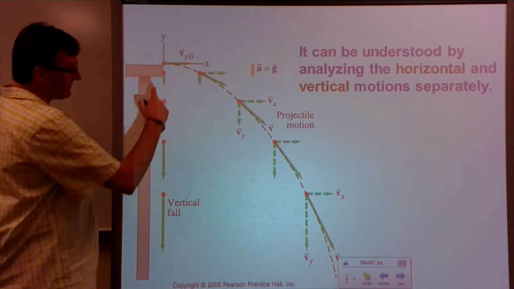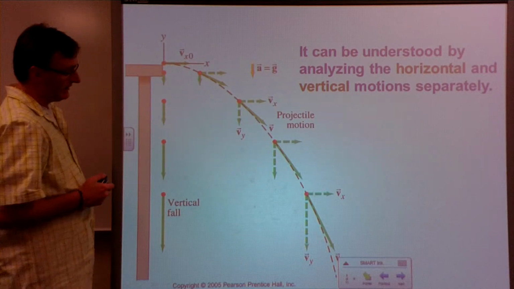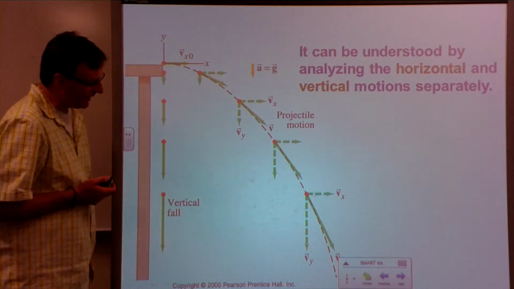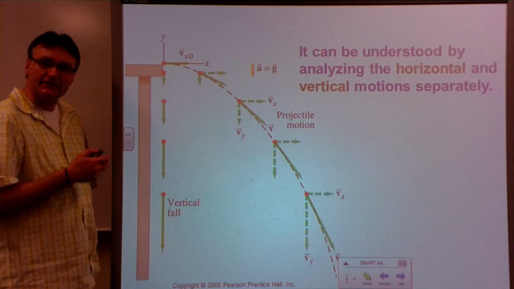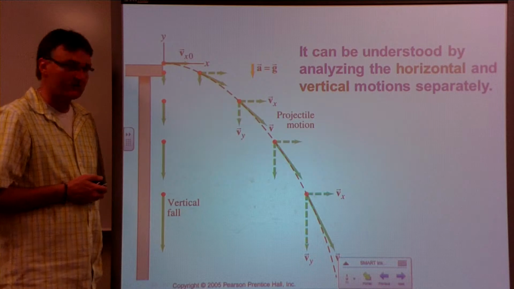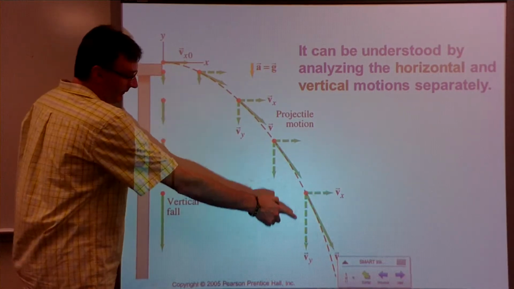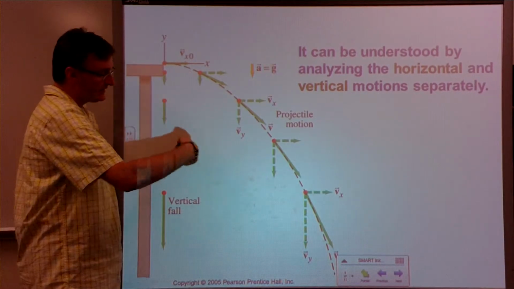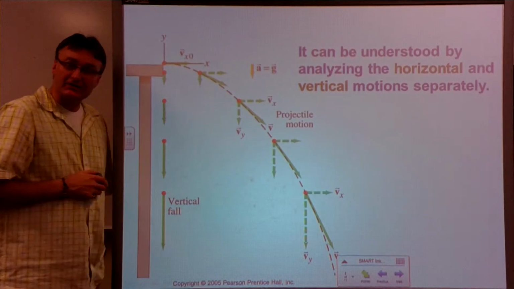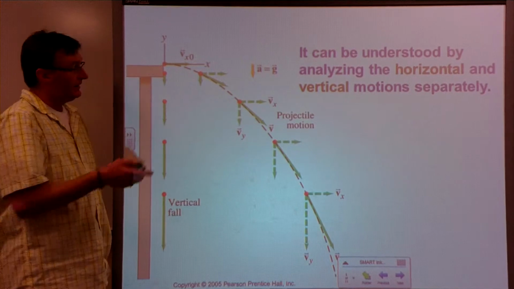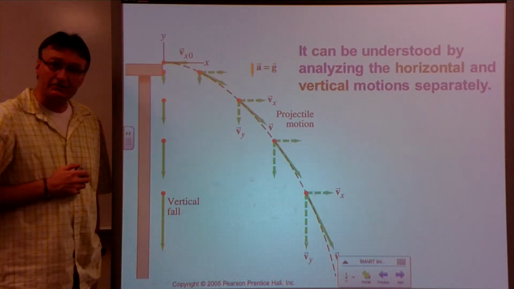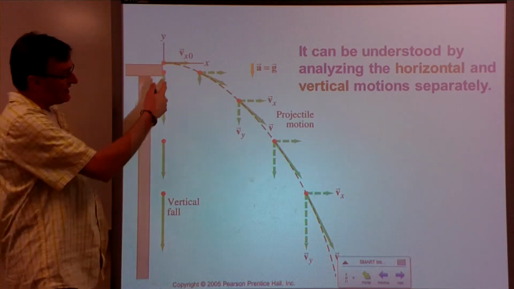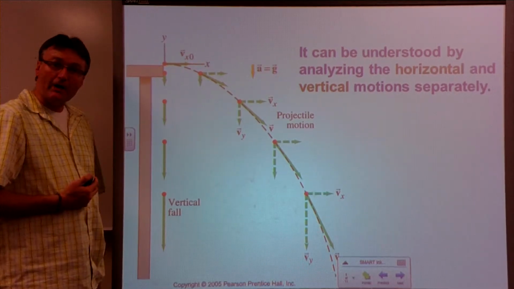And so you might look at the trajectory of this and incorrectly assume that it looks like it's slowing down in the x direction. As it goes further out, it seems that it's slowing down in the x direction, but really it's not. The velocity component in the x direction is staying the same. What's happening is that it's speeding up in the y direction.